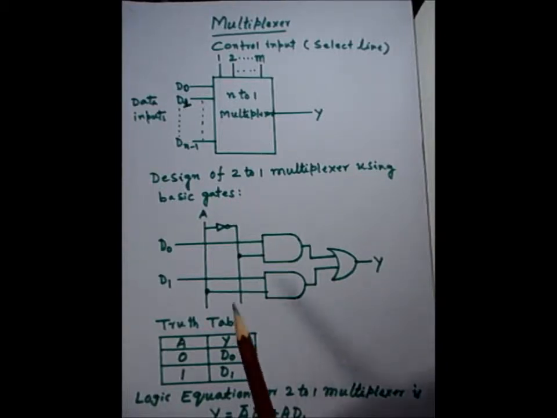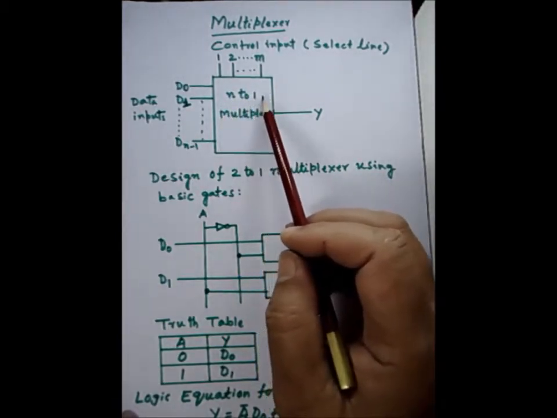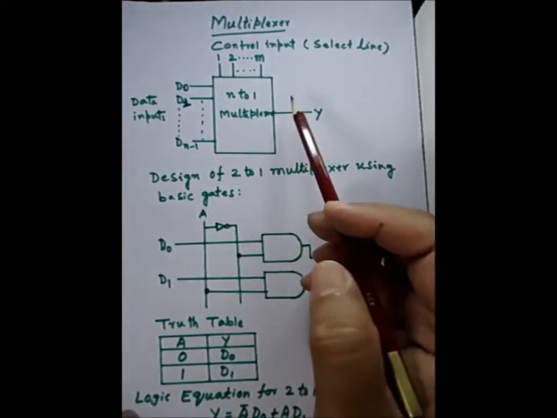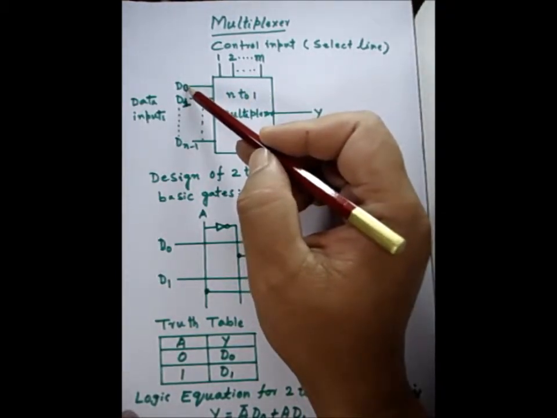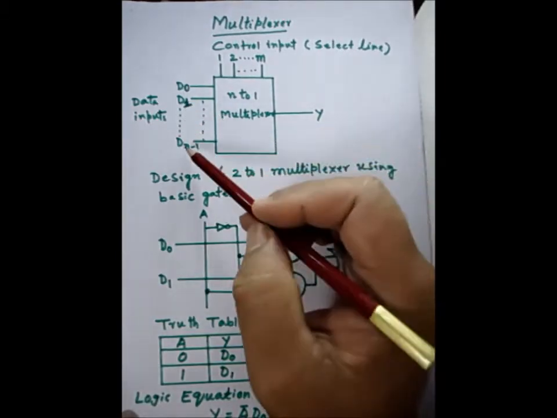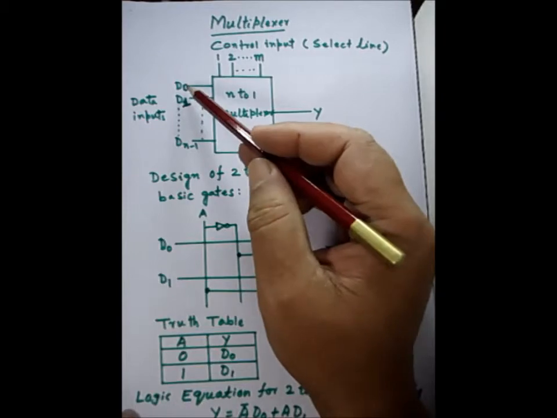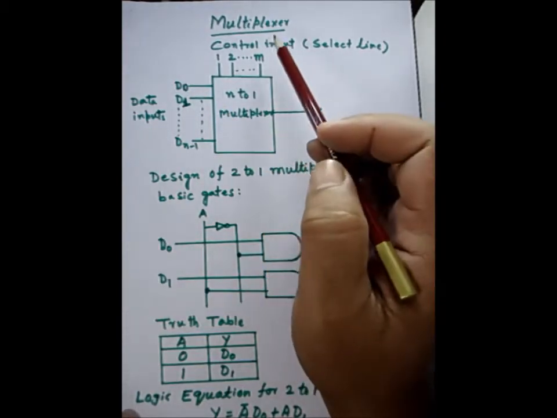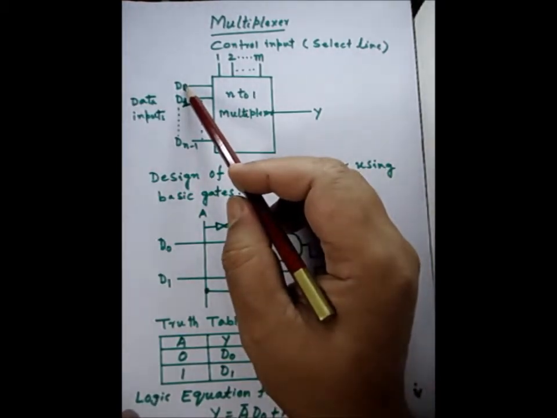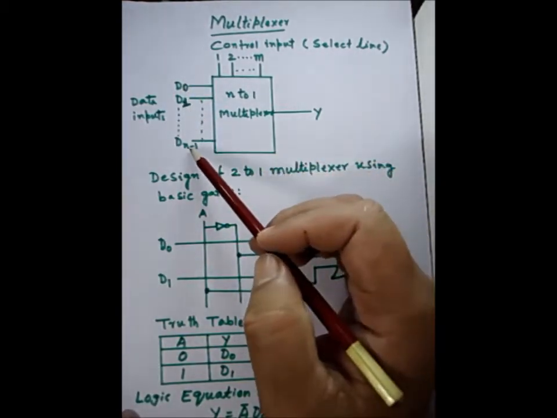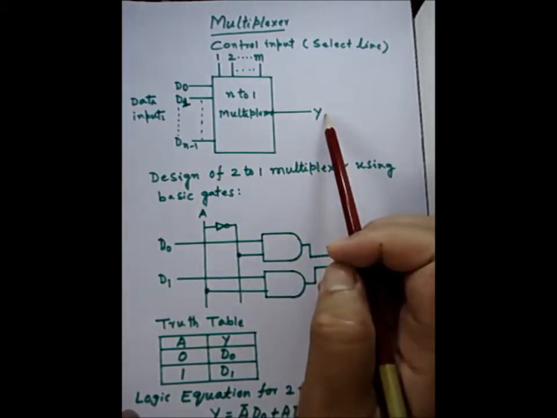Here we will show with a block diagram an n-to-1 multiplexer. The inputs to the multiplexer are D0, D1 up to Dn minus 1, therefore the total number of inputs is n. The output will be one of them, from D0, D1 up to Dn minus 1. One of the inputs will become the output.